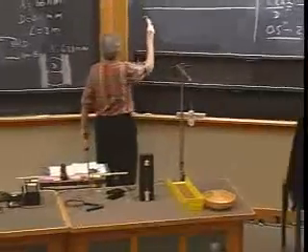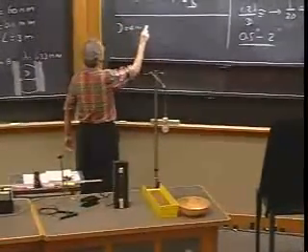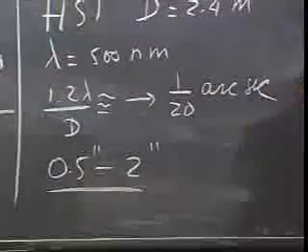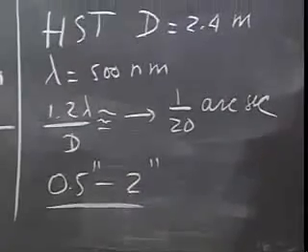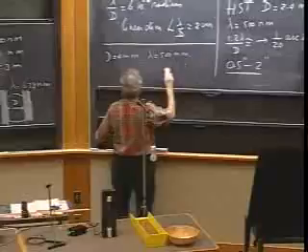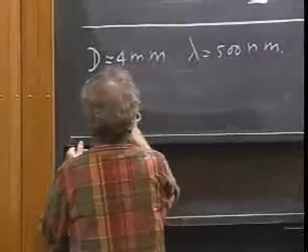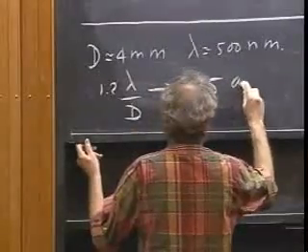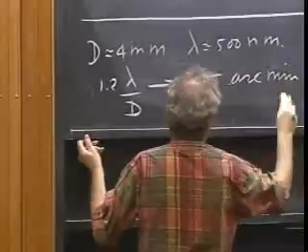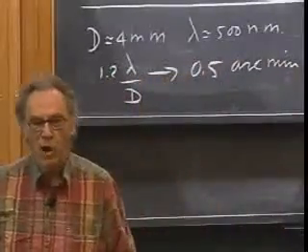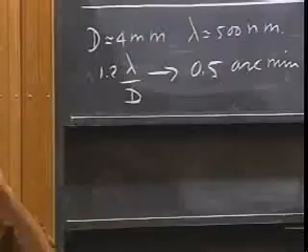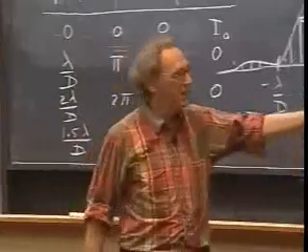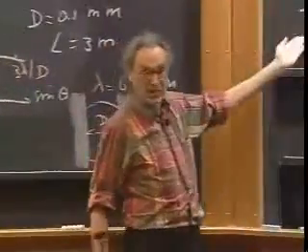If we take about 4 millimeters, a reasonable number, and we take again 500 nanometers as our representative wavelength, then we can calculate what 1.2 times lambda over d is, and that translates to half an arc minute. That is 30 arc seconds. That is 600 times worse than the Hubble Space Telescope. You cannot do better than this. This is Mother Nature. You cannot beat diffraction.